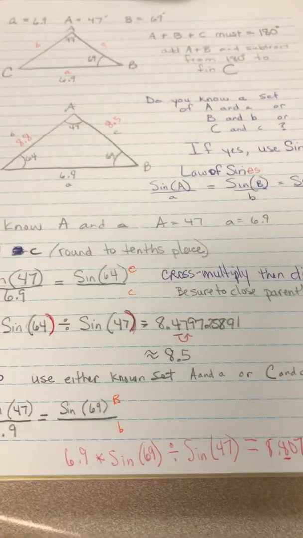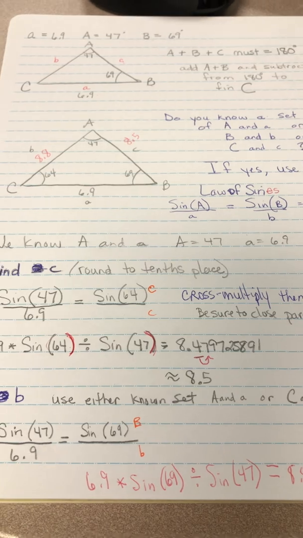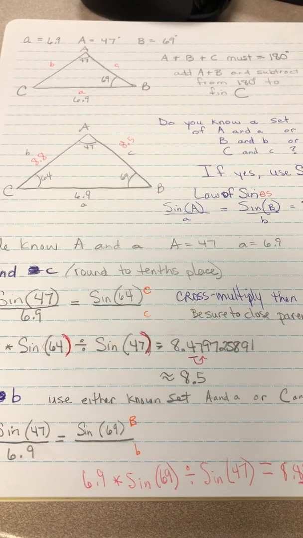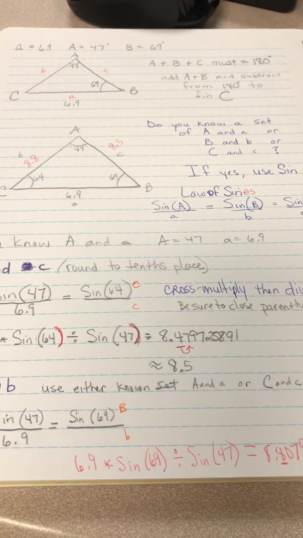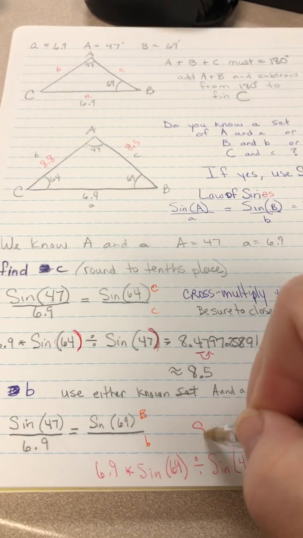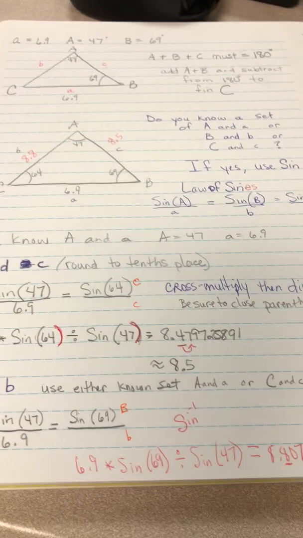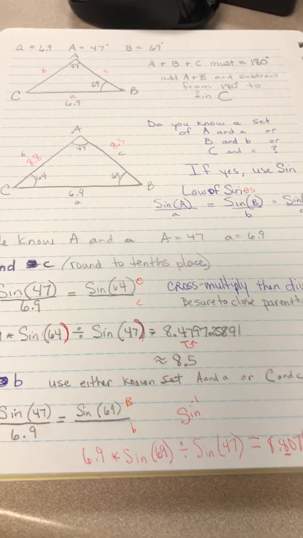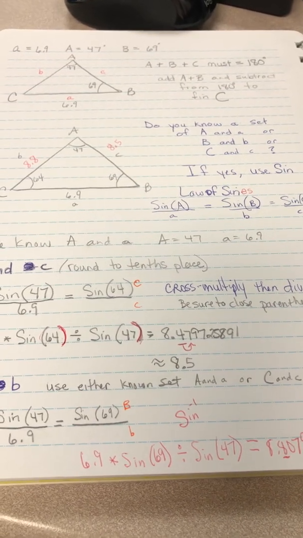Now, as I finish this up, one of the things that people have been asking me a lot is, how do you know when to use sine, and how do you know when to use inverse sine, which is right above that sine key on your calculator. Inverse sine looks like this, sine with a -1. And I will tell you, the only time we need to use inverse sine, inverse cosine, inverse tan, is when we're trying to find the degrees of an angle.